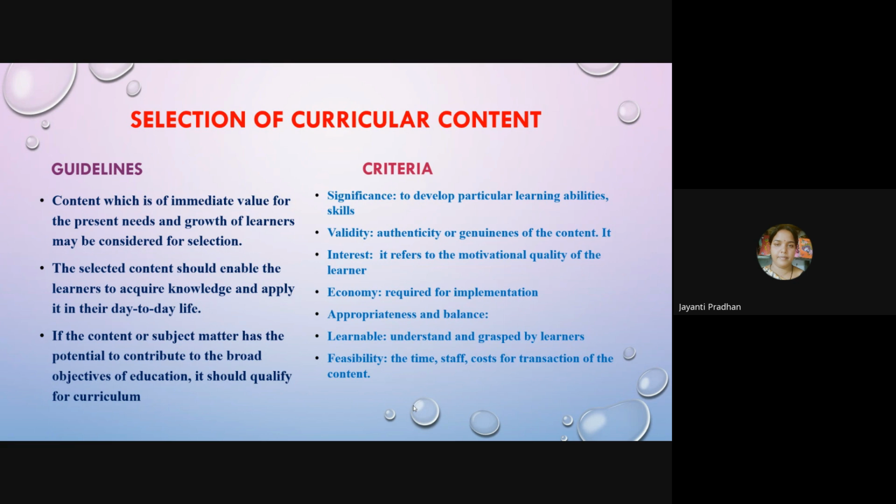Whatever content we are choosing must not be heavy for the learner to complete in a particular year, or very less for a 1 year course. So we must keep balance between the content we are selecting with respect to time.